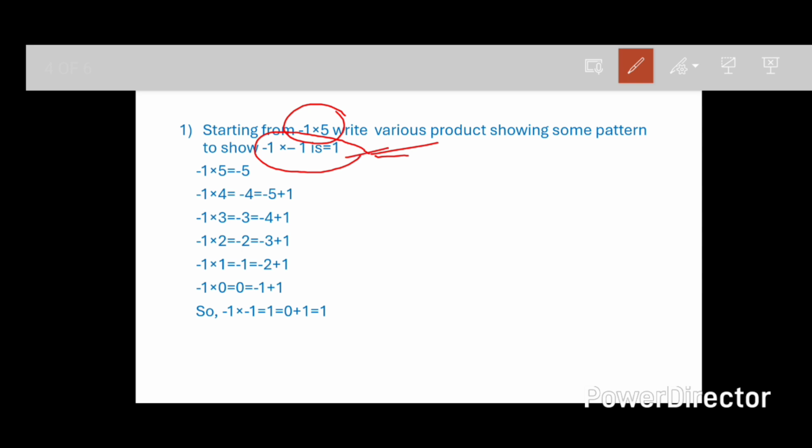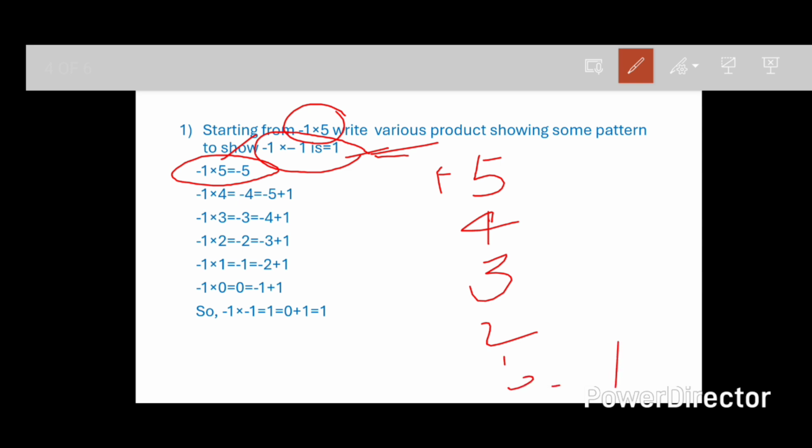Okay, see here what happens. Minus 1 into 5 they have given, so the answer becomes what? Minus 5. Next the pattern will continue like this. After the positive number 5 comes 4, 3, like this we should continue 2, 1, 0, up to minus 1. They have given the final answer, minus 1.